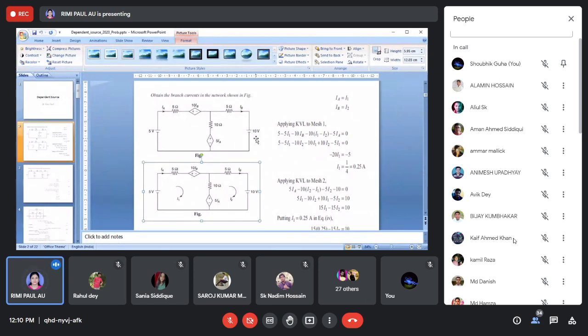I don't use any method. I just want to ask you, what is the branch current? If the voltage here is 2 volt, don't think right now about any dependent source. Simple problem: 3 resistances are present, the node voltage is 2 volt, and the 2 source voltages are 5 volt and 10 volt. How to find out IA, the branch current?